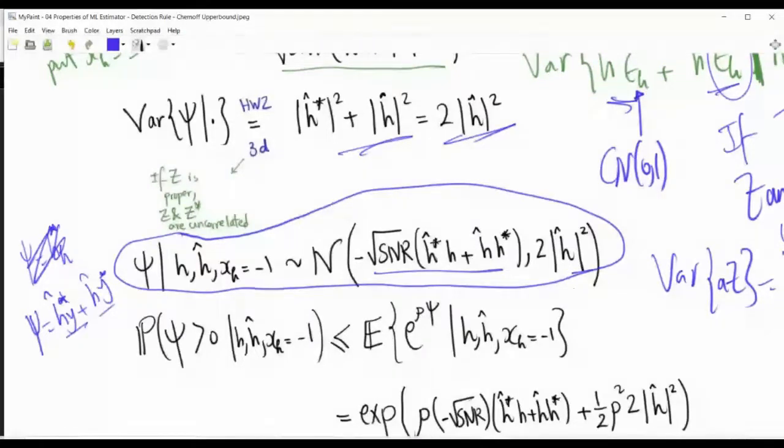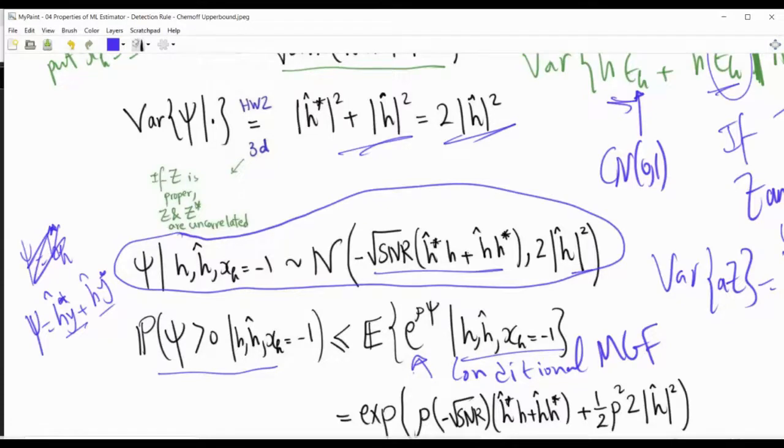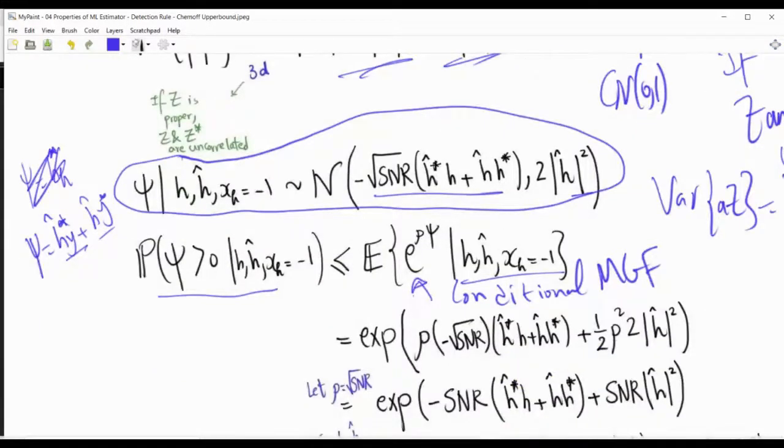Okay, so back to our Chernoff bound. The Chernoff bound, again, you typically end up with the moment generating function. So this is the conditional moment generating function, and when you condition on those terms, epsilon again is Gaussian, and you get its first and second order statistics. You know it from a previous course, or you can open Wikipedia or any reference. If you have a random variable phi that is normal with mean m and variance sigma squared, it has a standard form for its moment generating function.